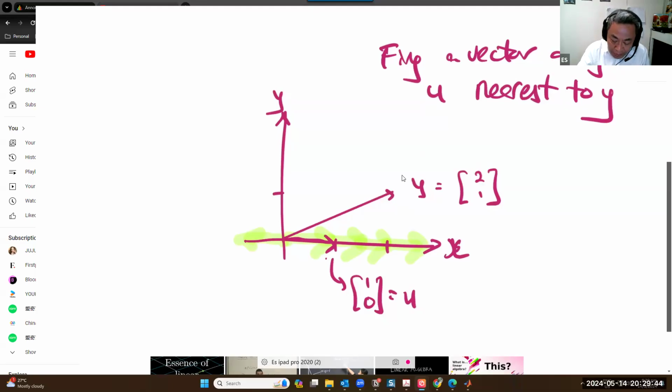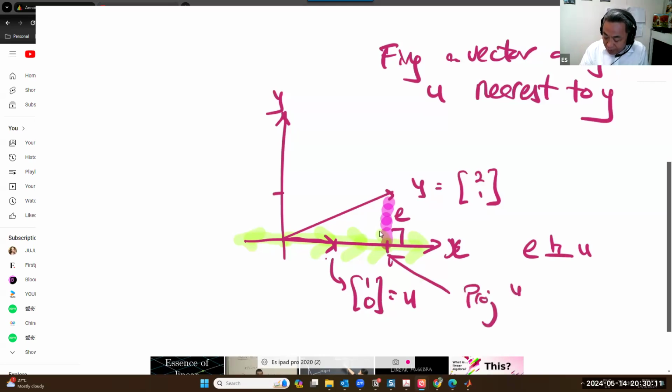So the nearest point along the u direction to y is such that this arrow vector is going to be orthogonal to u. And this point here is the projection of y onto u. And it is given by (y dot u) over (u dot u), times u.